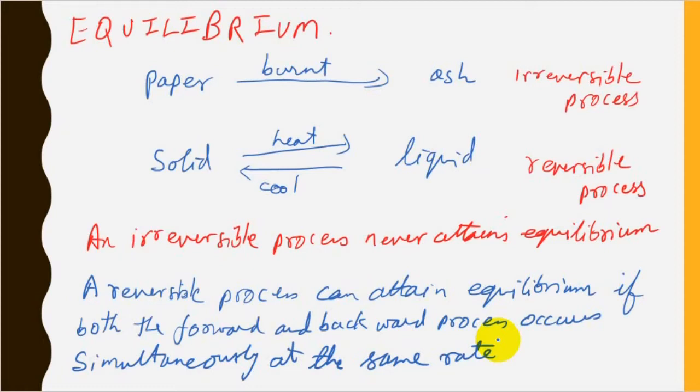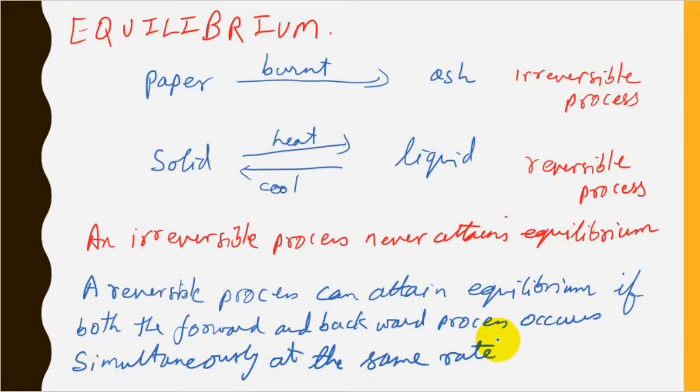So what will happen when this change is actually taking place? If the forward process and the backward process occur at the same rate, you won't see any change in the concentrations.